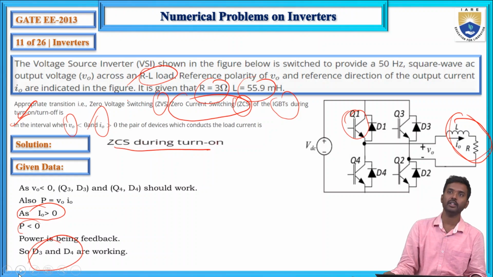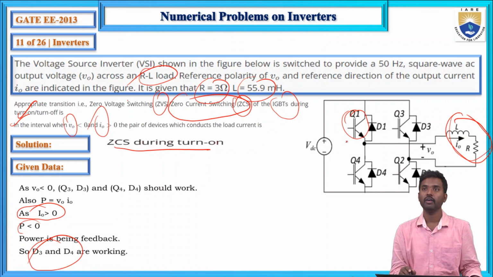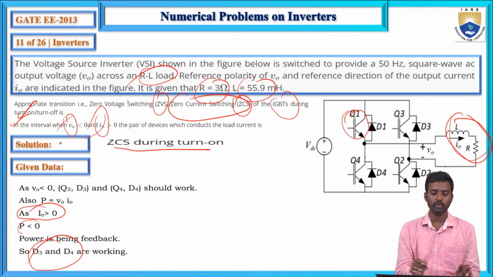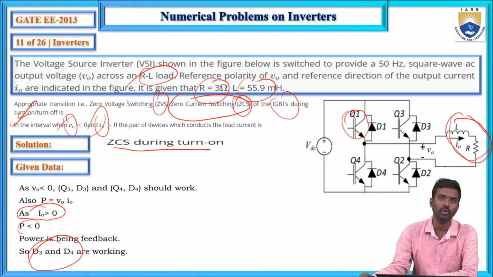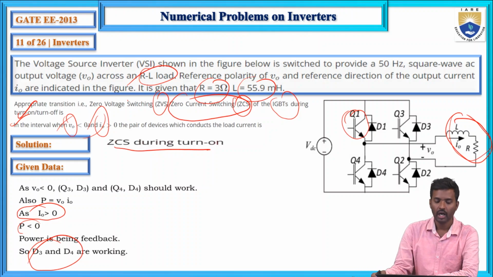We have already studied this in the full bridge inverter with RL type of load. In the interval from 0 to some duration, with positive current and negative voltage, which diodes conduct, we already discussed.